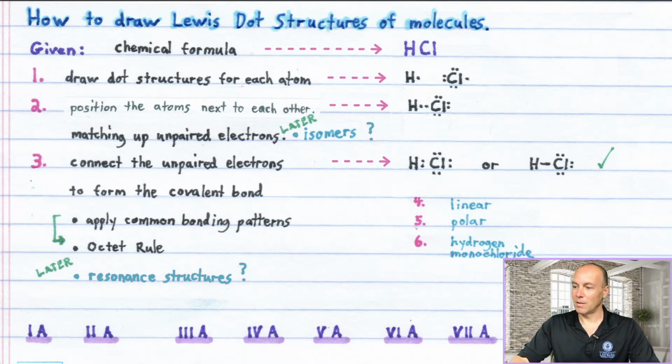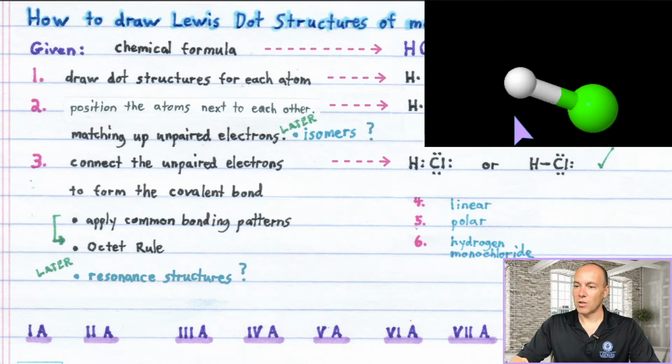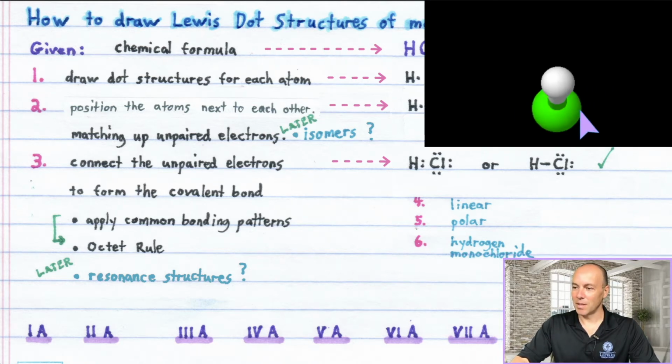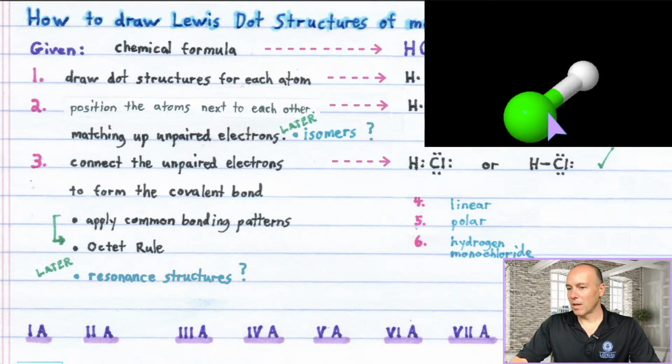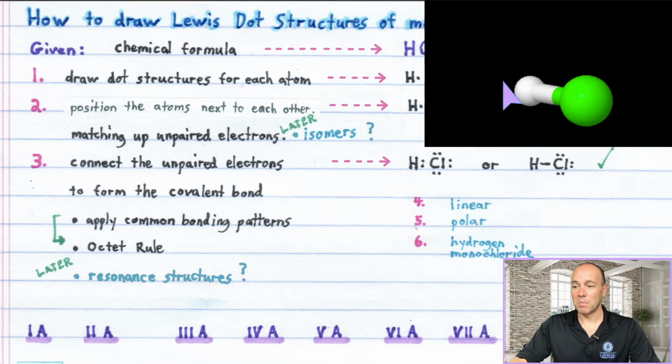I'll show you here a model of HCl. So you can see the ball and stick model, and this is a linear molecule. When you get to more complex molecules with 4, 5, and 6 atoms, the shapes can become quite complicated, and we'll deal with such cases in our next lecture. But this one is linear.